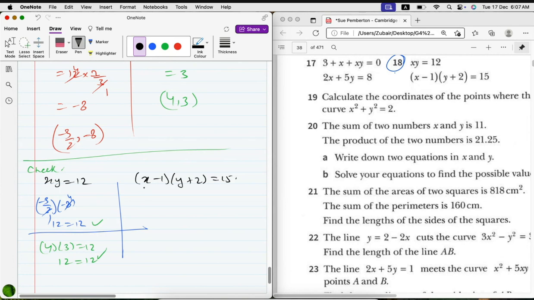On the other side, I'm trying this first. 4 minus 1 into 3 plus 2 is 3 into 5. 15 equals 15. Minus 3 by 2 minus 1. And y is minus 8.